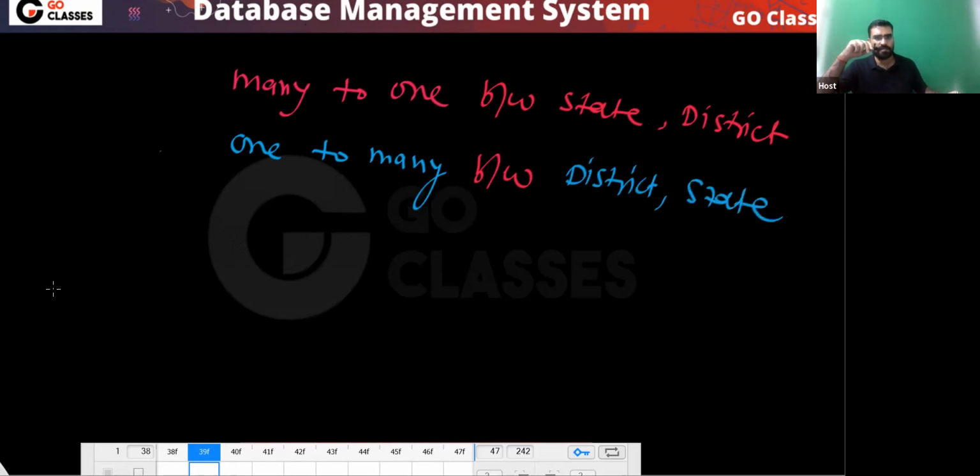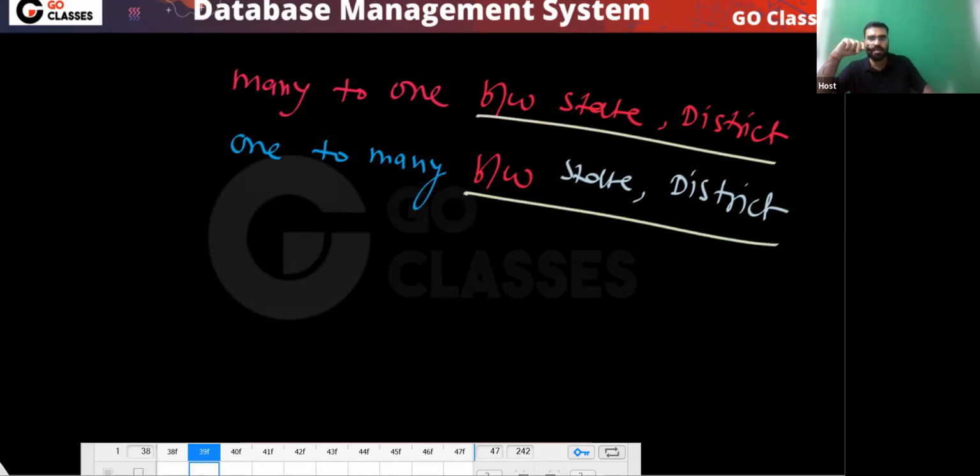Which statement is correct? Many to one between state and district, or one to many between state and district? Which dependency exists between state and district?